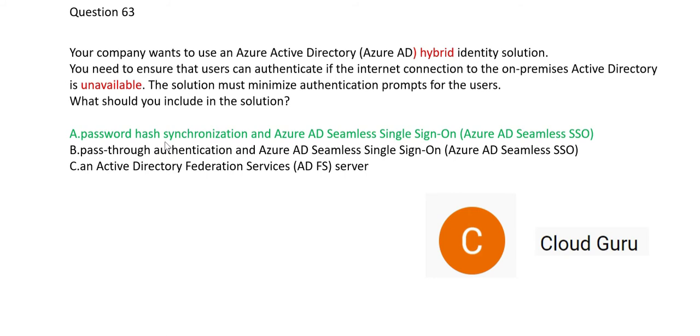So for a short time, say in this question, you should assume that this lack of internet connectivity is just for a short time. So in that short time, if any user is logging in, Azure Active Directory will have those details for the user to validate and authenticate. So hence it will work.